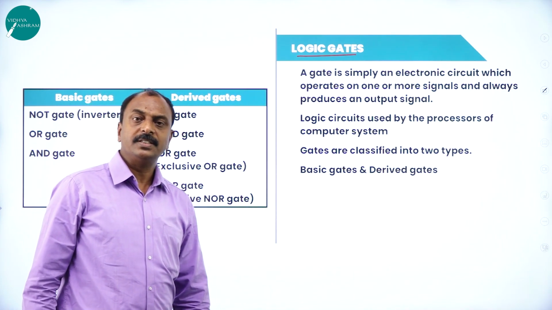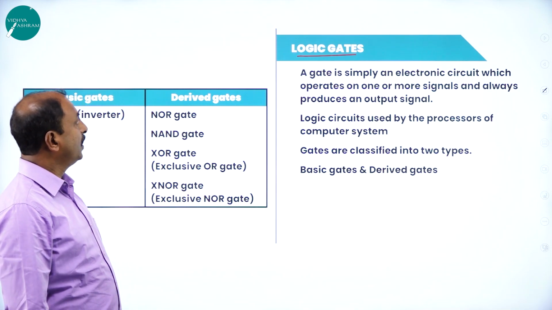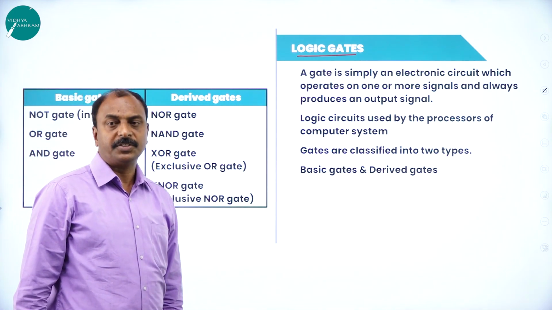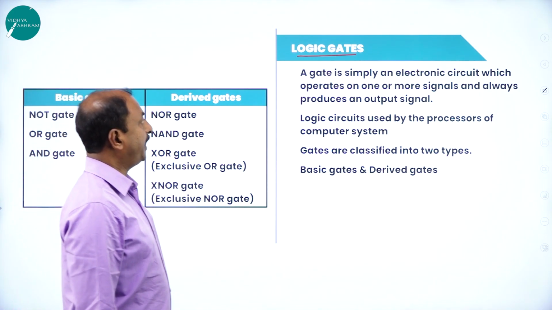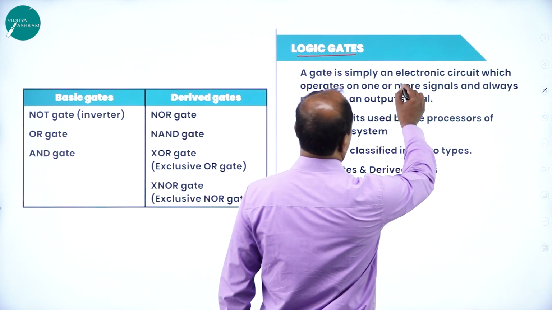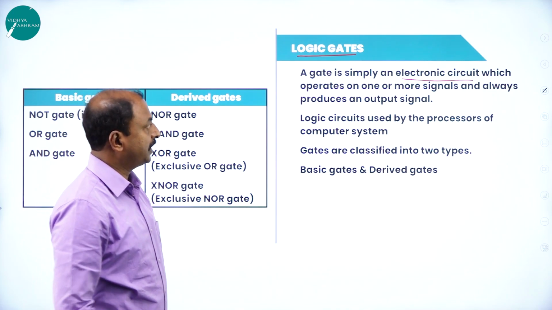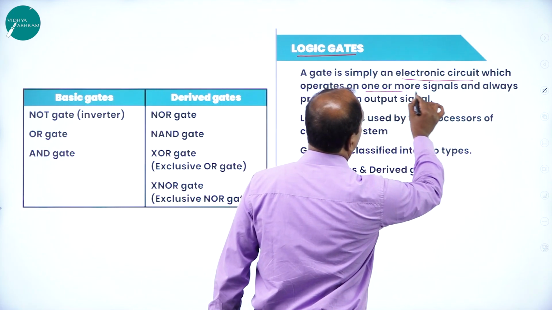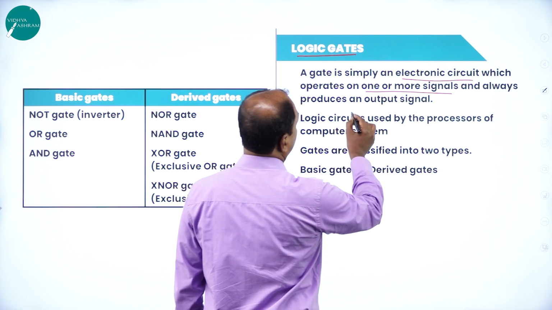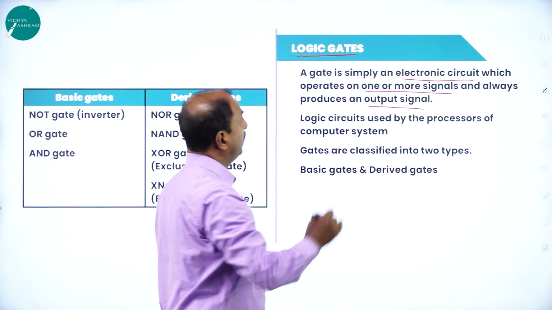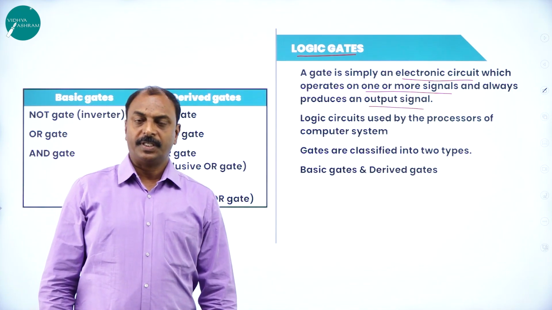So let us start with what a logic gate is. A logic gate is simply an electronic circuit which operates on one or more signals and always produces only one output signal. This is the definition of a logic gate.